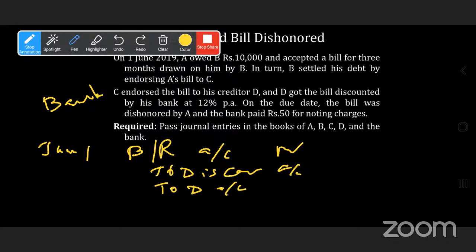Bills receivable amount is 10,000. Discount is 300. D account, how much have they paid? 9,700.